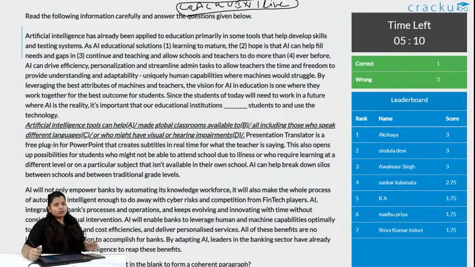Naganuri, don't worry, you will be able to solve this in 2 minutes, even less than 3 minutes.